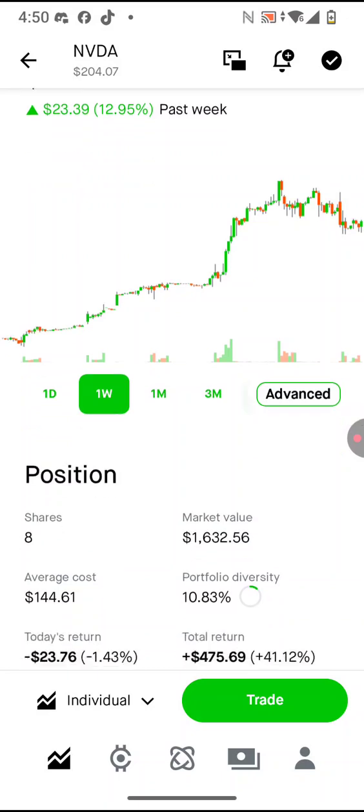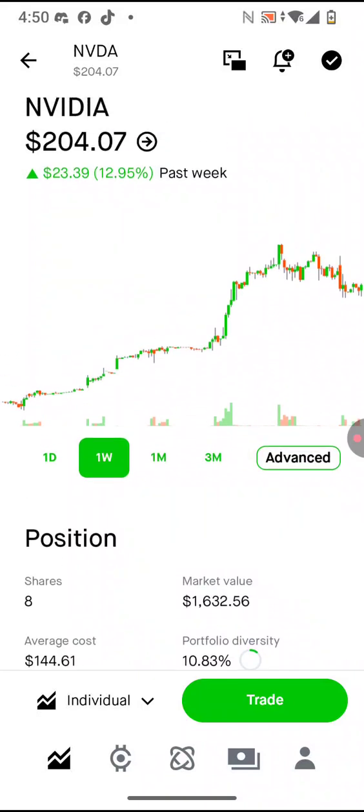The green candles on the chart mean that it closed higher than it opened, right? So it's moving up. Therefore, it's a green candle. The red candles mean that it closed lower than it opened. Y'all get me?